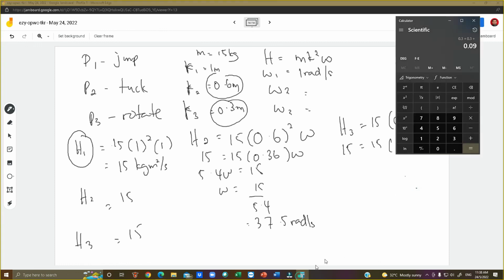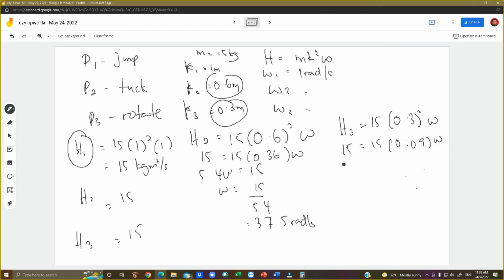Omega. So 0.09 times with 15, we have 1.35. 1.35 omega equals to 15. Omega equals to 15 over 1.35.